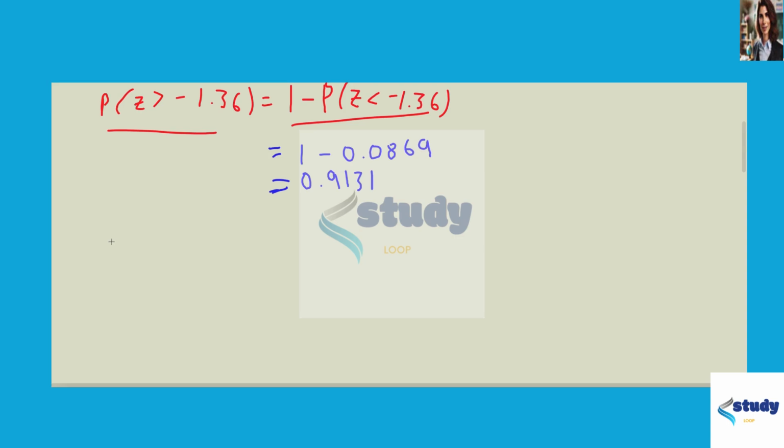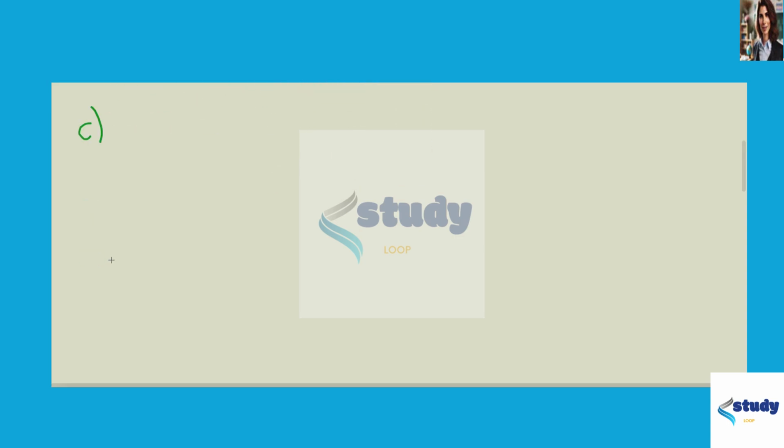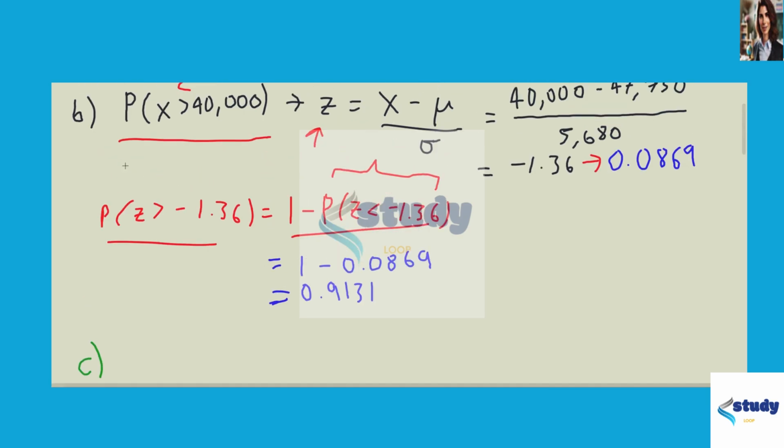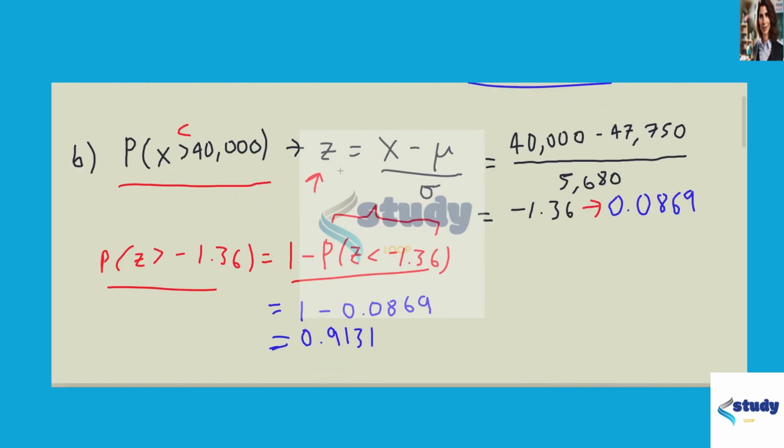For part C, the question is asking that if you were offered $31,000 a year for this position, how would you feel based on the information? There's no real calculation for this part, but you just need to look at your parts A and B and use your logical thinking to determine an answer.